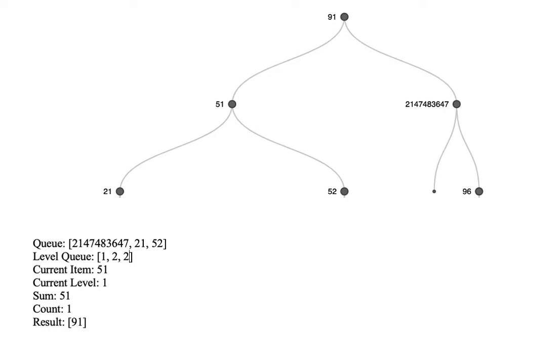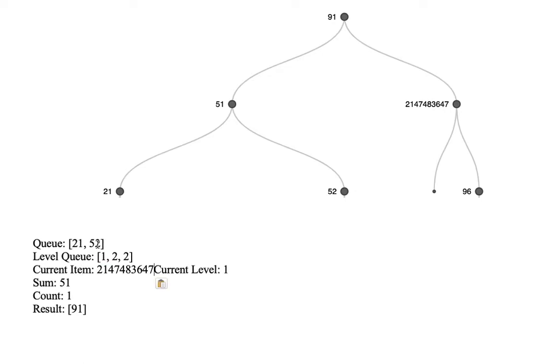Okay, now we are done with 51. Now we dequeue the next element from the front of the queue, so we get this. Let me dequeue it from here, and it becomes the current item, and also let's dequeue the level, and the current level becomes 1, which is the same as the previous level.